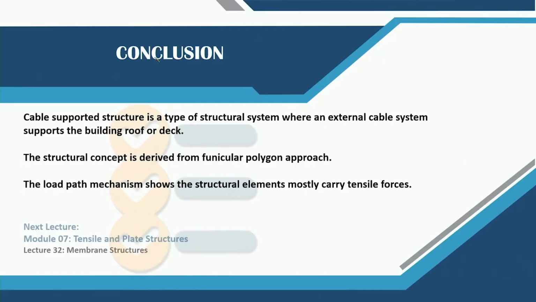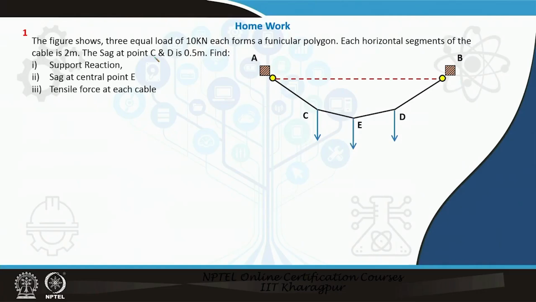So we have some homework for you today. The first homework is that again I have given a funicular polygon, symmetrical of course, and those three loads are 10 kilonewton each, and the horizontal segments of the cable are each 2 meters.